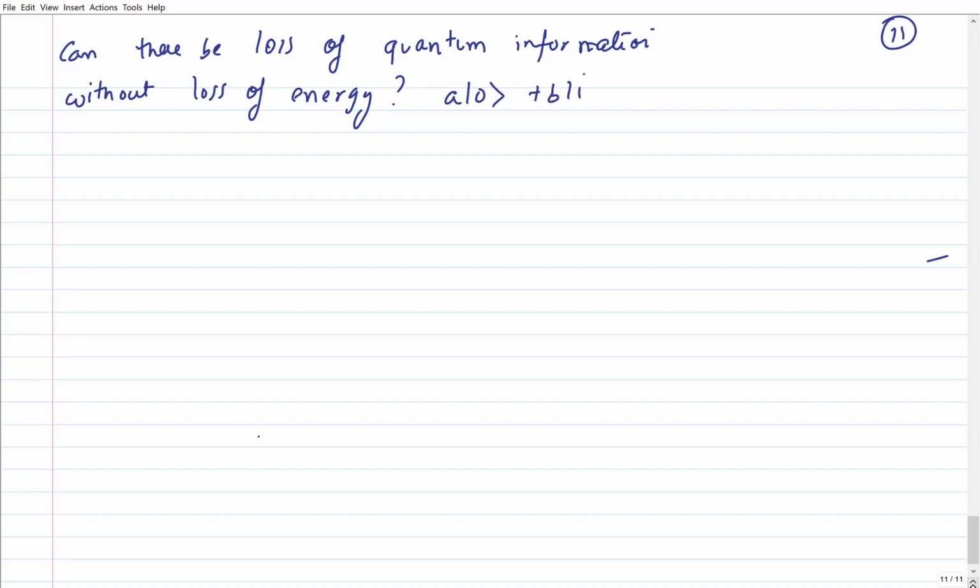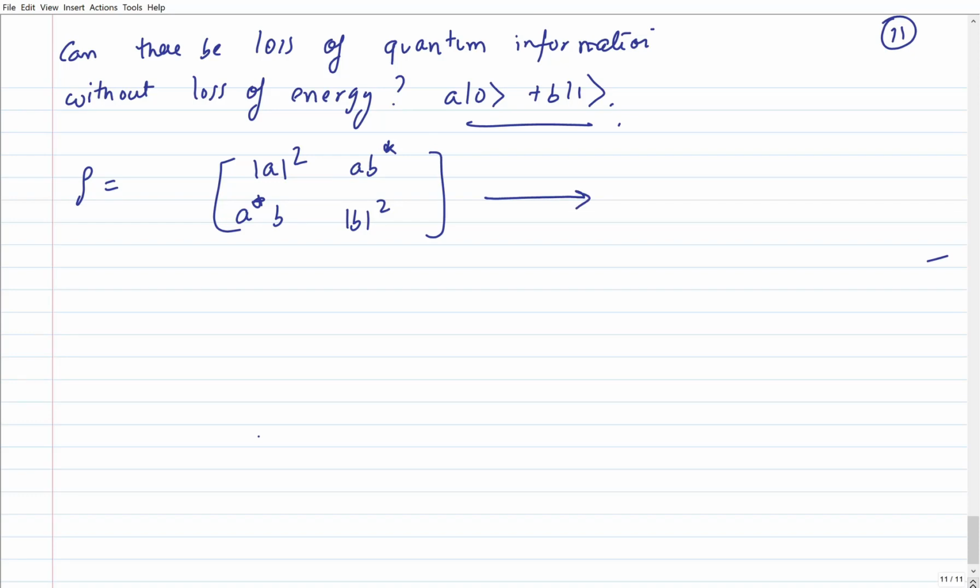So I have a state to start with, and let's say I can write this in my density matrix form. These are my diagonal elements, and this is my initial state.